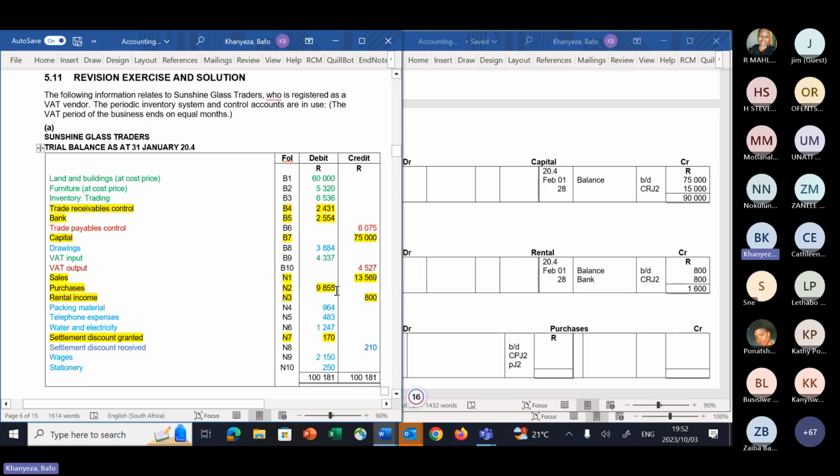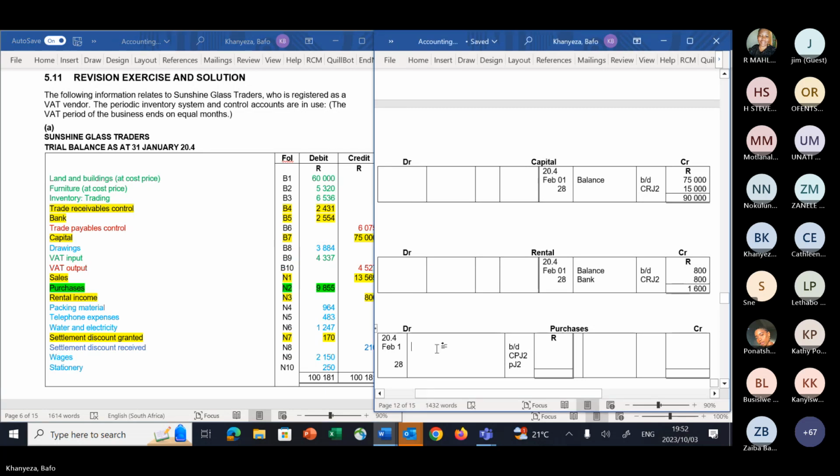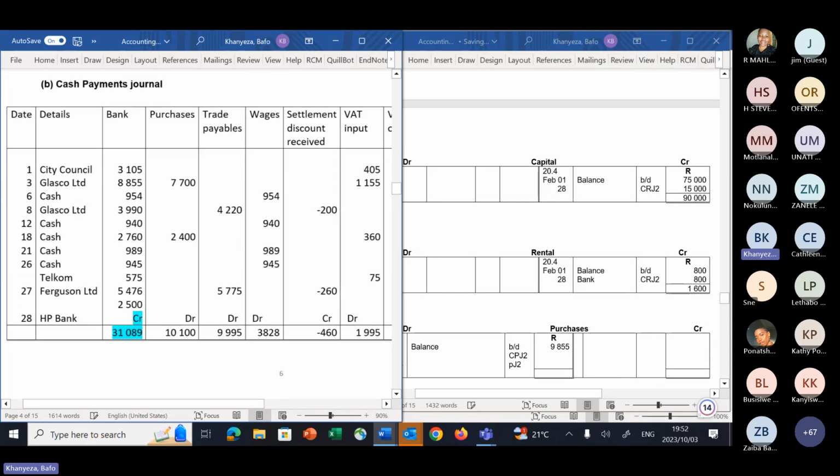Let me try and do it with a different color maybe, because it's a bit different. So balance brought down, it's 89855. Opening balance. Then now we have purchases.